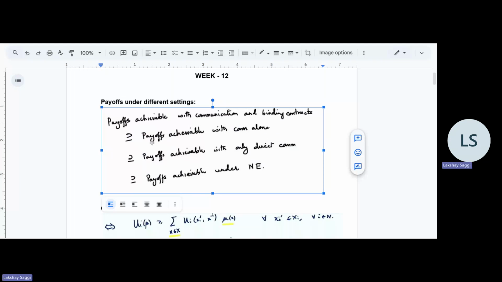So essentially, in indirect communication, the mediator talks to Alice and the mediator talks to Bob. But Alice and Bob don't know what is being said to each other. In direct communication, Alice knew what is being said to Bob, Bob knew what is being said to Alice. In indirect communication, Alice only knows what is being said to her, but does not know what is being said to Bob.